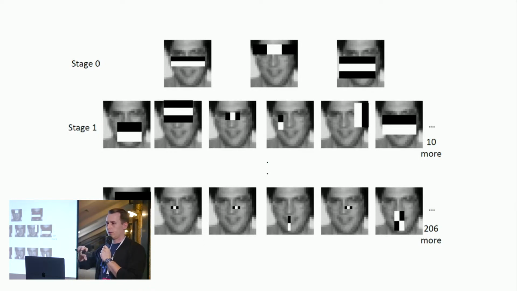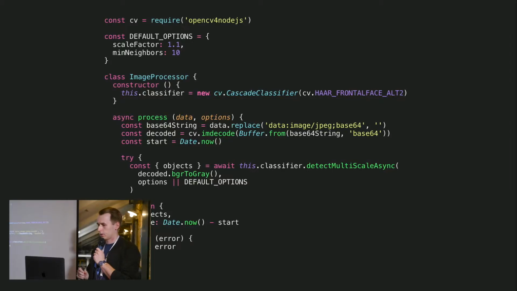So we make this feature and we try to find it in our image of our face. When we find it, we know that that's the area of the eye, and we have a whole series of features which help us to detect the face. And here's the code for how we can do it.